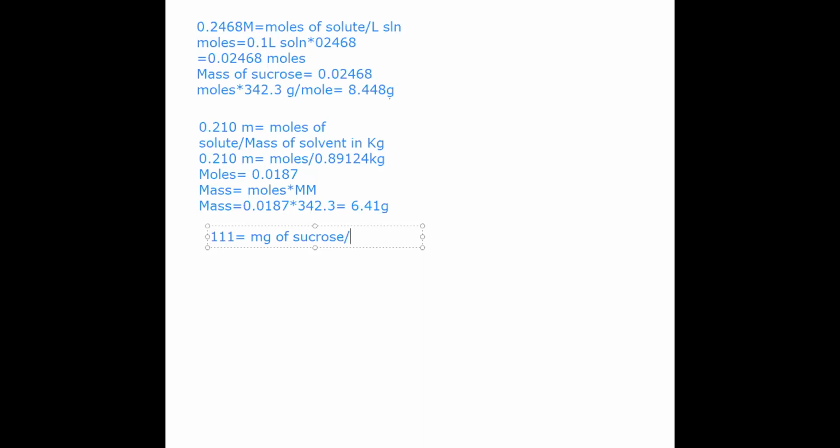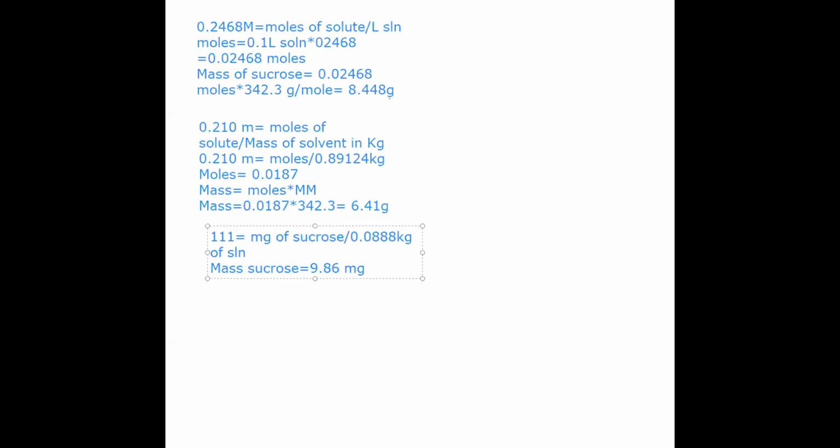In that case, we have 88.8 grams, that would be 0.0888 kilogram of solution. And the mass of sucrose is equal to multiplying 0.0888 kilograms by 111, and that should be 9.86 milligrams.